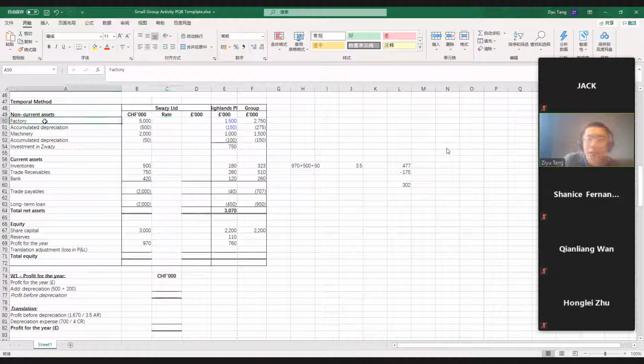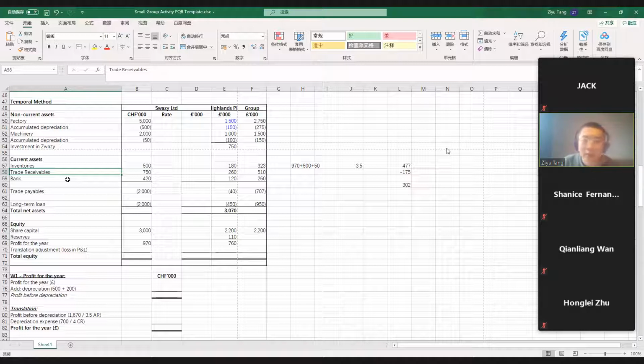So first, factory is obviously a non-monetary asset, machinery is a non-monetary asset, inventory is a non-monetary asset. Trade receivable, because of its high liquidity, is valued directly by the currency.